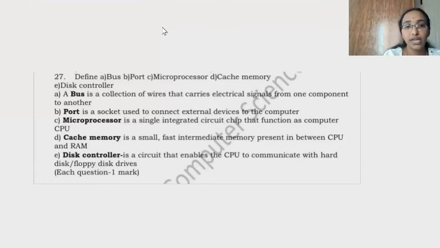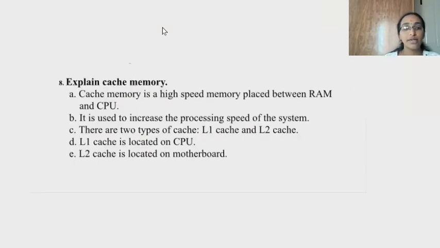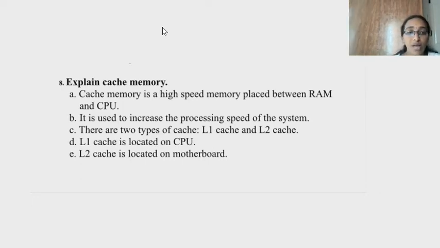Next, we are going to discuss the different types of cache memory. Cache memory is a very high-speed memory placed between the CPU and the RAM, which can speed up your CPU.